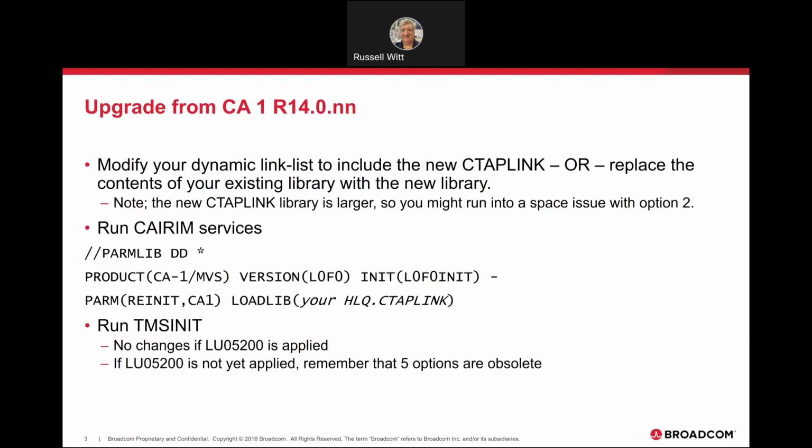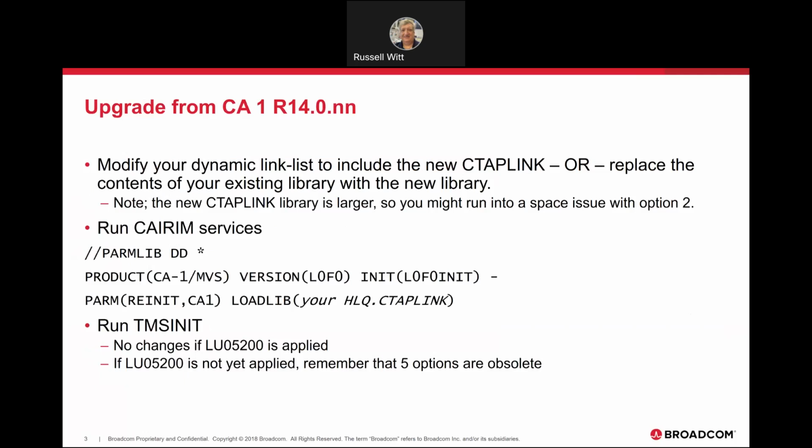So, upgrading from CA1 14.0 couldn't be simpler. Modify your dynamic link list to include the new 15.0 CTAP link, or replace the contents of your existing library with the new library.